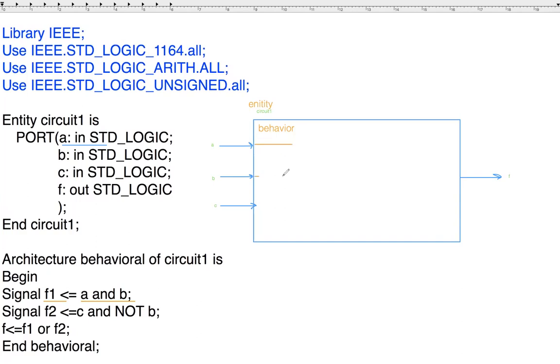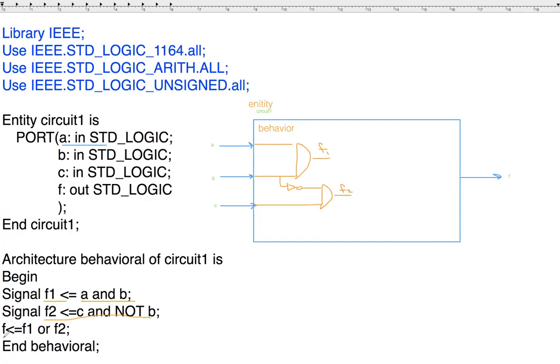So let's AND together A and B. So my AND gate here, and I'm going to call this F1 as my output. And then F2 is going to be C and not B. So I'm going to have a NOT here, and then C and not B. That's F2.